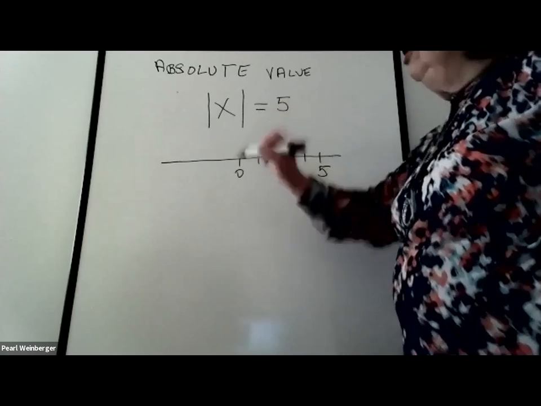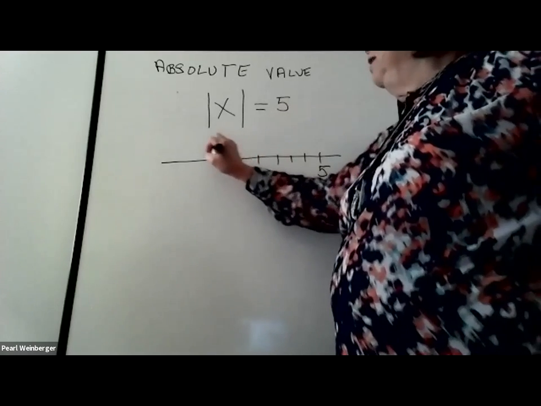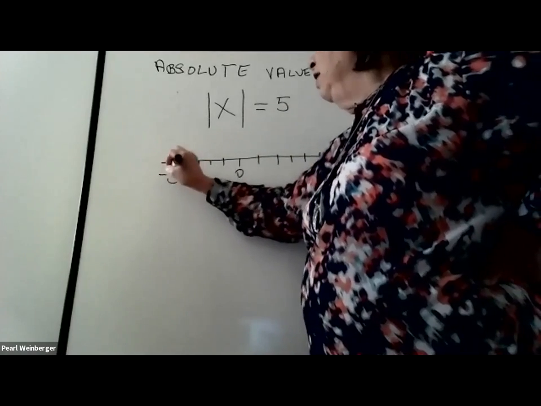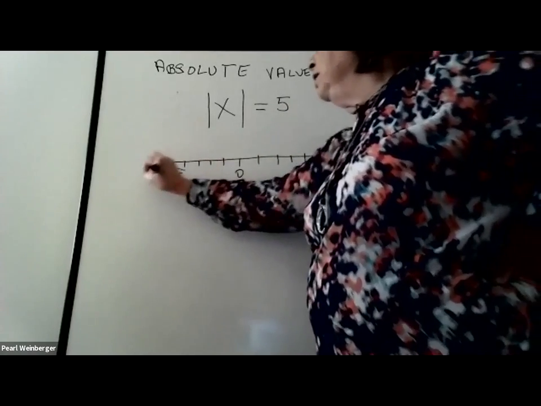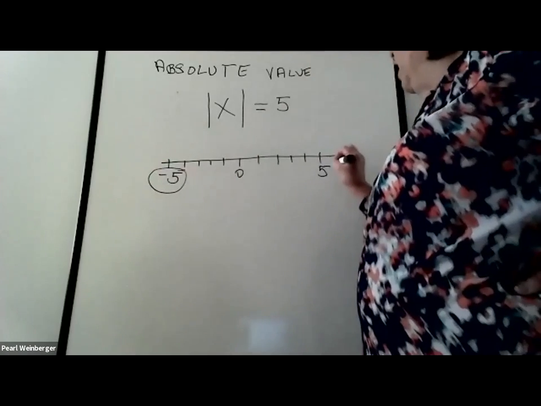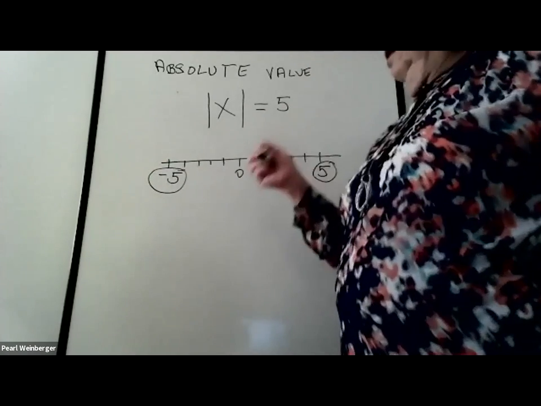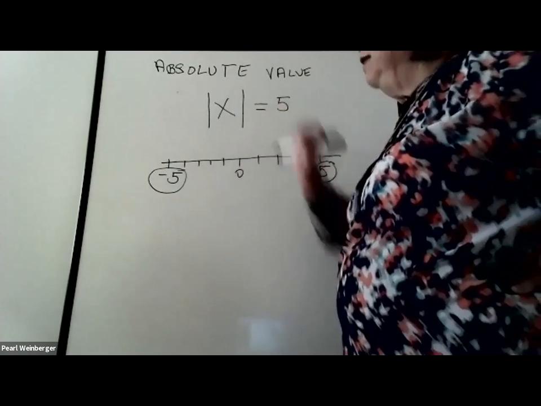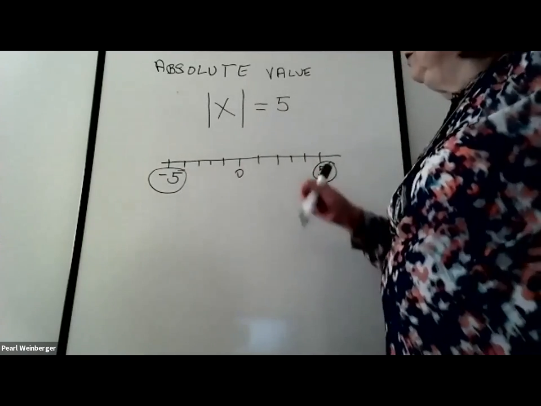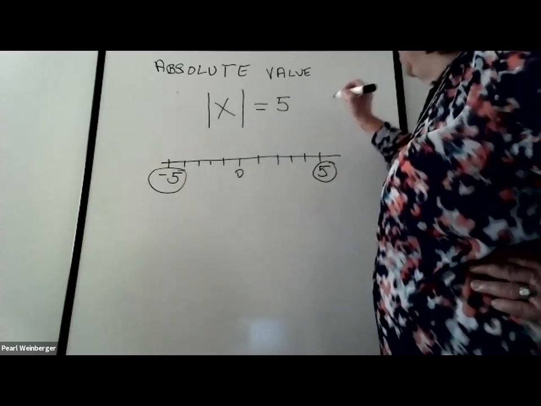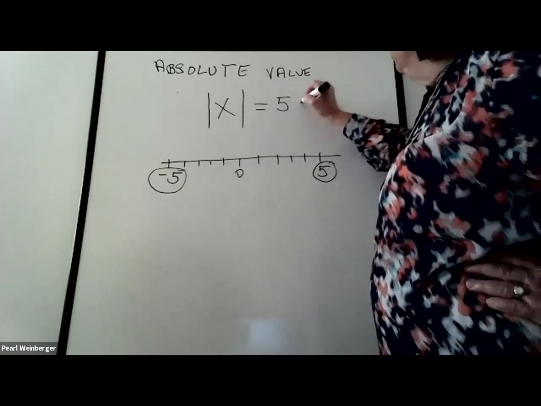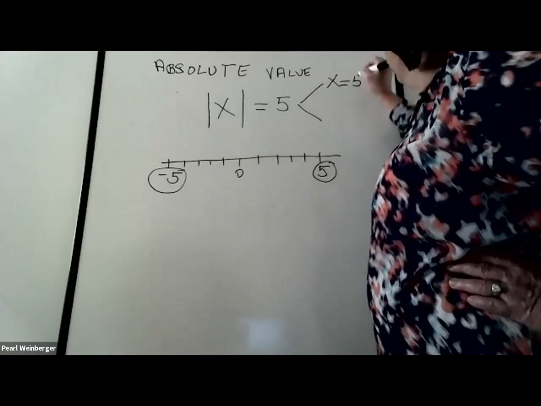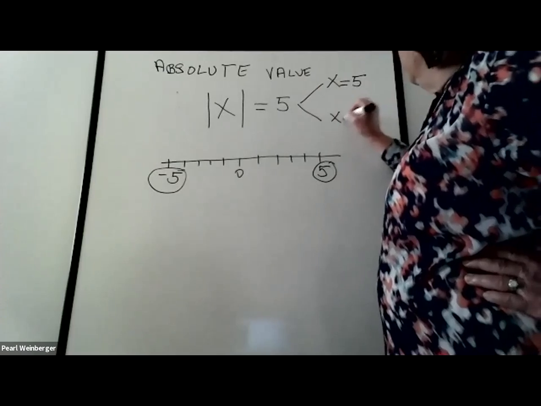Or I could go to the left 5 steps and get to -5. Both of these numbers, the -5 and the 5, are 5 units away from the origin, and therefore the absolute value is equal to 5. So it turns out that there are 2 answers to this. There's either x equal to 5 or x equal to -5.